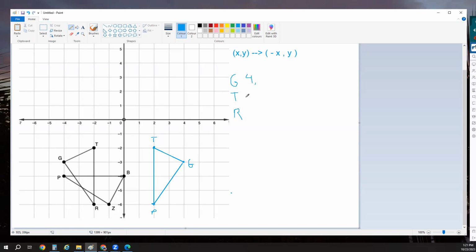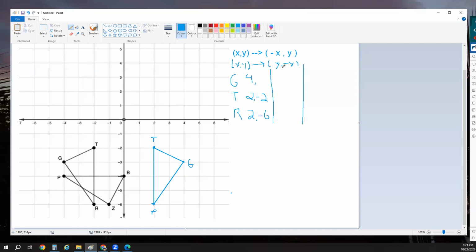T is (2, -2). R is (2, -6). And a rotation clockwise is (x, y) goes to (y, -x). So we're going to use that rule to find our x's and our y's.